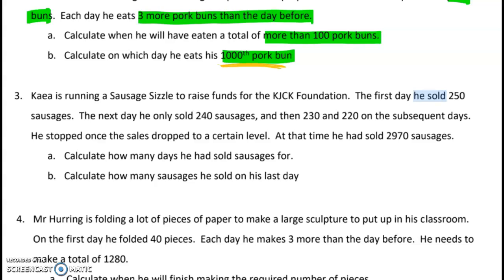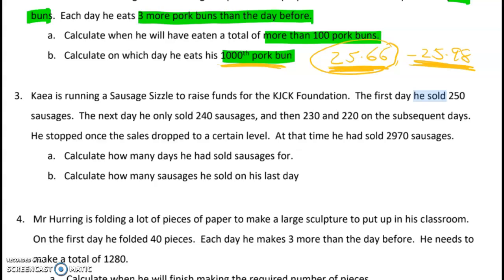Same kind of reasoning. We get 25.66 or negative 25.98. And we're going to reject this one because it's negative, so not realistic. So on day 25, he hasn't eaten his 1,000th bun. So you want to be a bit careful here. It's pretty easy to say that it's going to be 25.